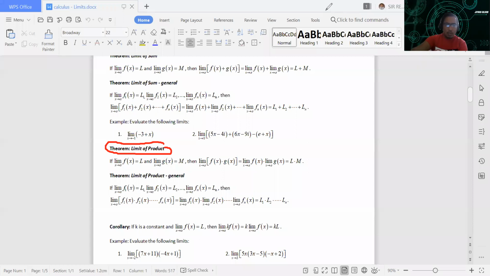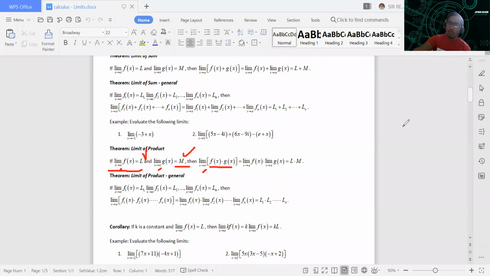Okay. So, for the limit of a product, you have the limit of f of x as x approaches a certain fixed point A equal to L, and the limit of g of x as x approaches A equal to M. If you multiply these two functions with the same fixed point A, you just multiply this answer and this answer.